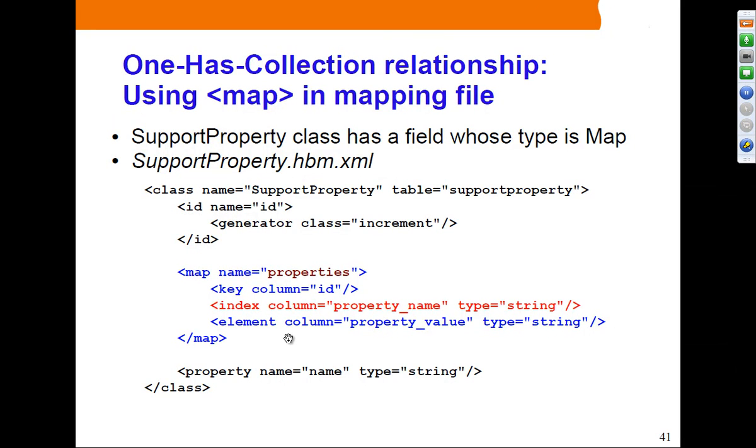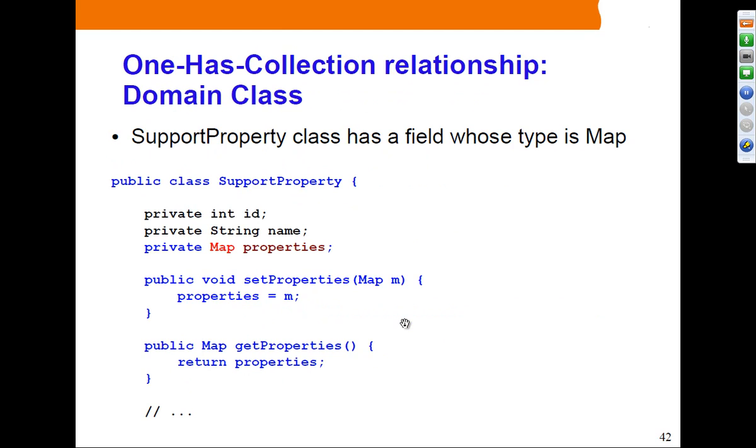Here we are using a map element, and the map element could have an index. This is the property name as a string, and the element is the property value. So this is a kind of key-value pair. Here we have a properties map, so it should have key-value pairs.